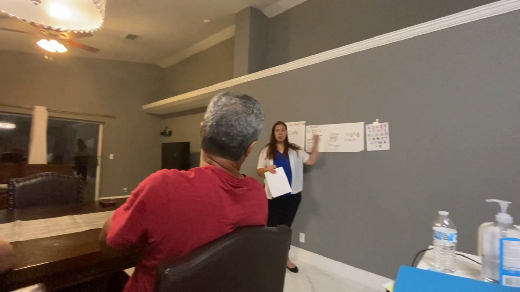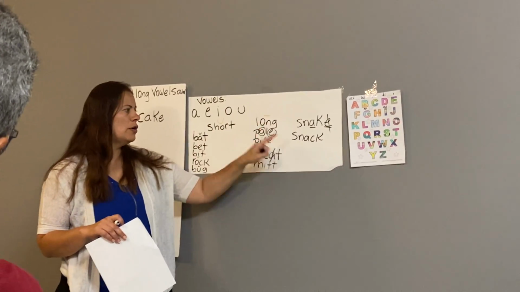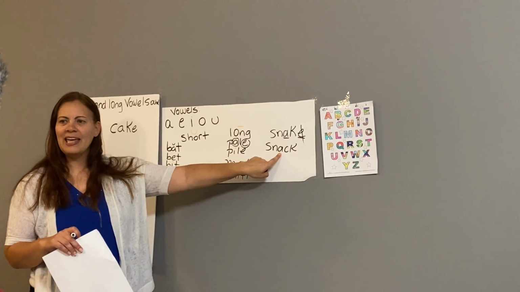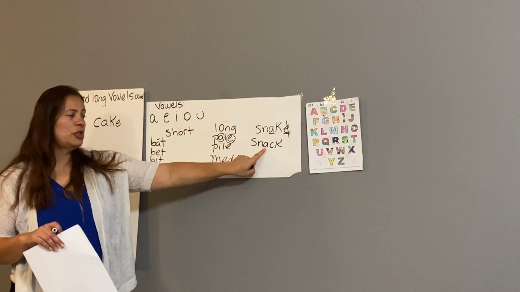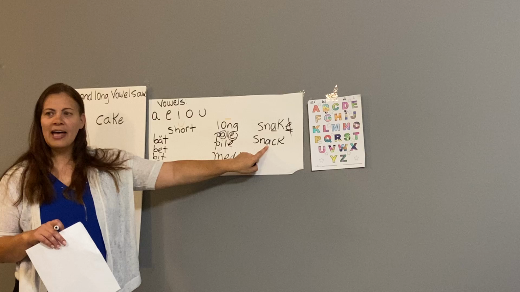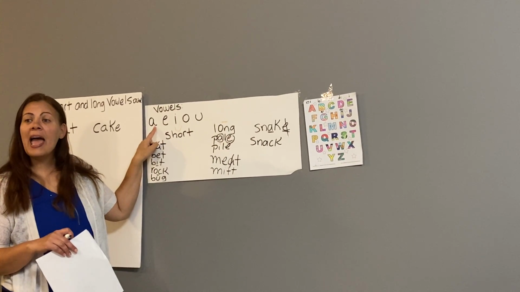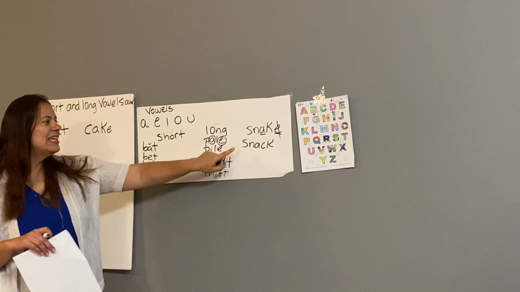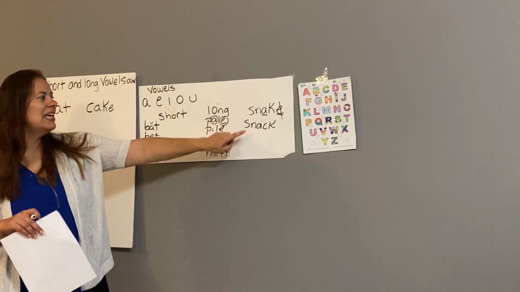So you know there's only one vowel. Are we going to say the short or the long sound for this A? Short. And what is the short sound for A? Snack. Snack. Snack. You see the difference?